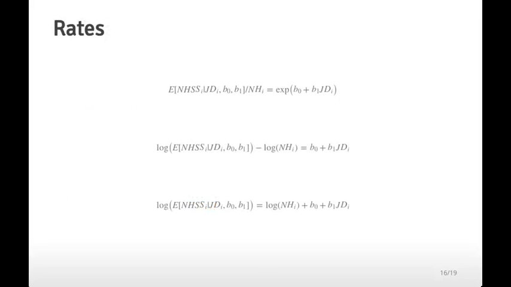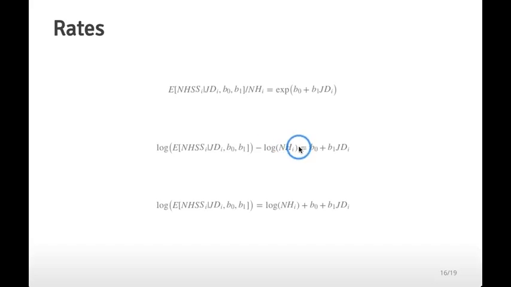In addition to using Poisson regression to model the counts, you can actually use it to model rates as well. For example, suppose I want to look at the expected number of hits that come to my site from Simply Statistics divided by the total number of hits to that site. So this is the percentage of hits that come to my site from Simply Statistics. I can use the same Poisson regression framework.